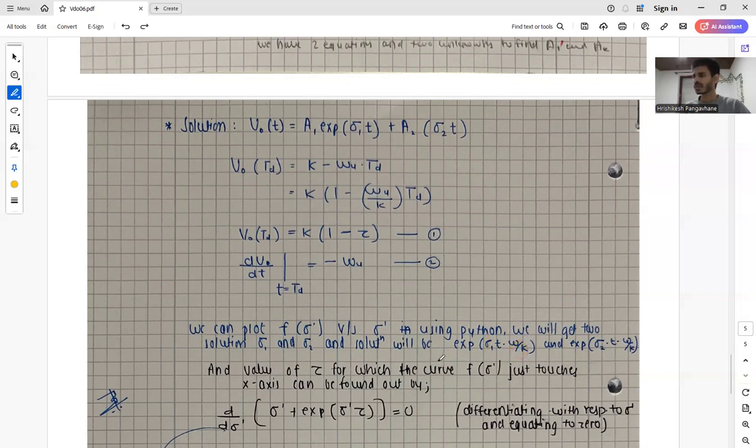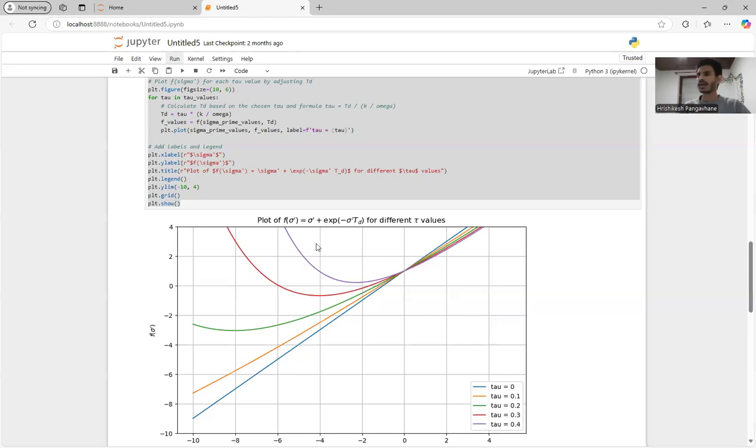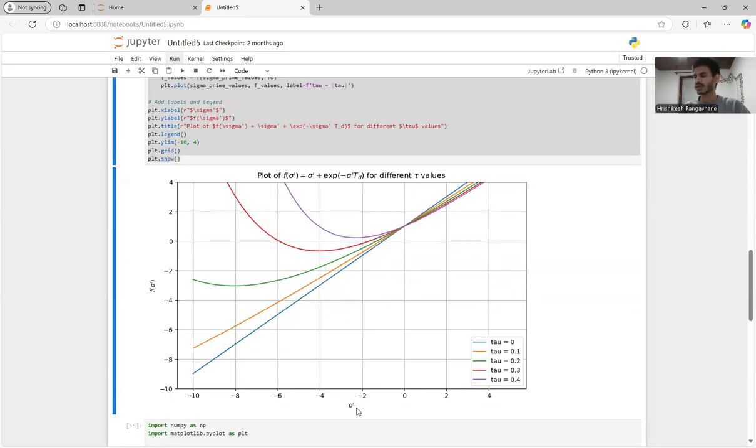So we have a Python plot where we have plotted the function of sigma prime versus sigma prime, and we have different values of tau. So this is our x-axis and this is our y-axis, and this point is basically where the value of function is 1.